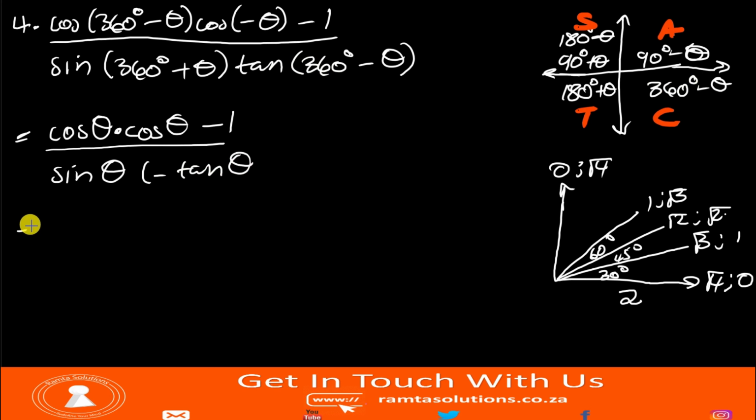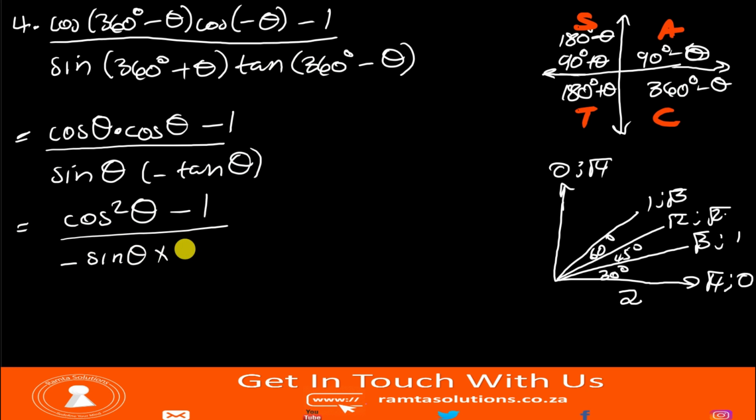Okay? Perfect. What do we have? We have cos squared theta minus 1, and then we have negative sine theta multiplied by sine theta over cos theta. Now this is very interesting.